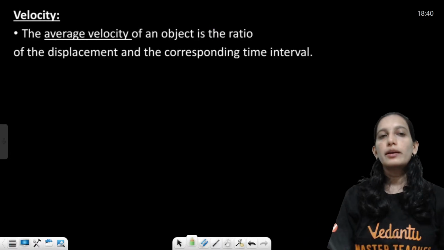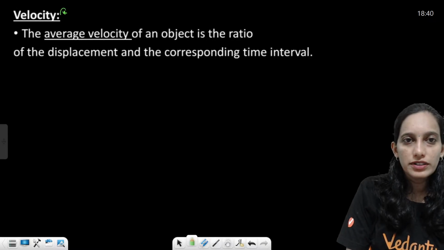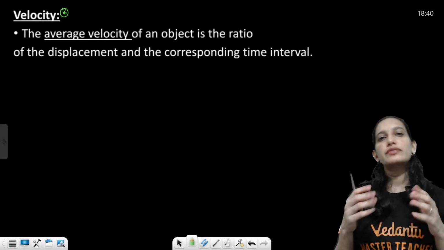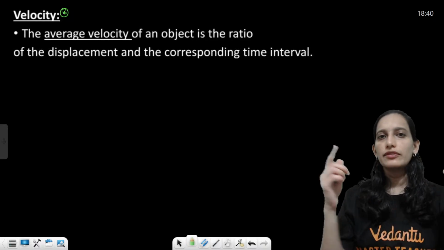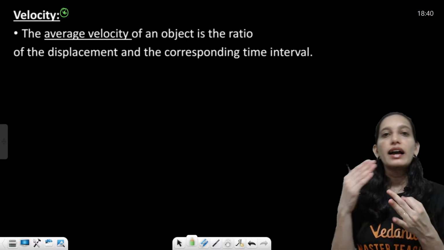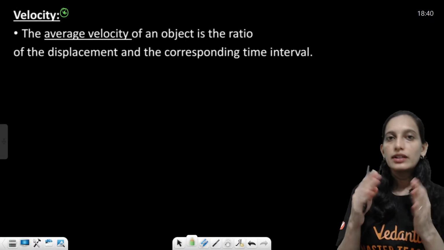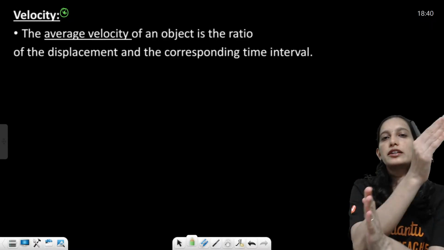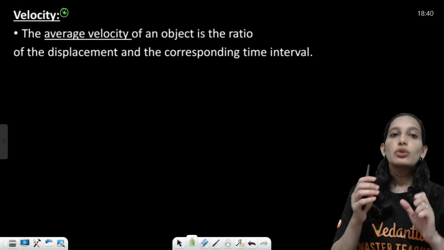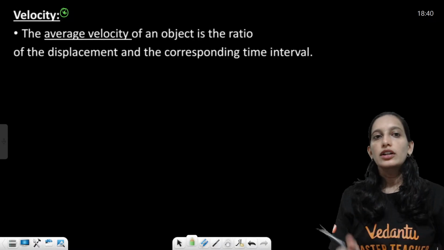Yeah, so now coming to the concept of velocity. So what is velocity? As we said, if the object is in motion, we definitely see its position is changing. Then I can find out the displacement as well as the distance traveled, correct? Displacement is final position minus initial position.